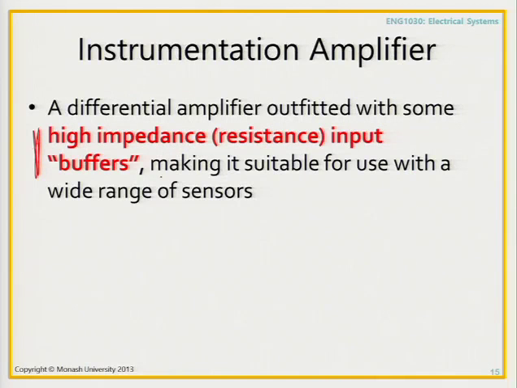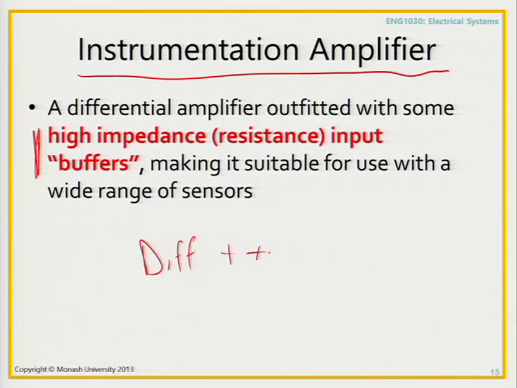And this makes it suitable to use on pretty much any sensors that you can get. When you do this, the output result is called an instrumentation amplifier. So it's a diff amplifier plus plus, basically. You add a couple of components, use it as a differential amplifier, and we call it an instrumentation amplifier.